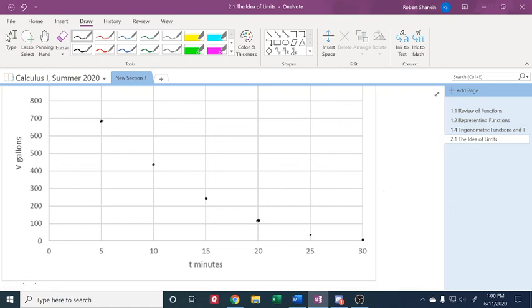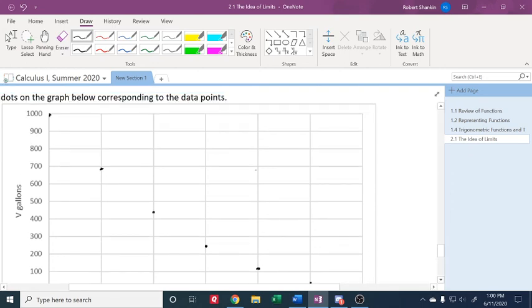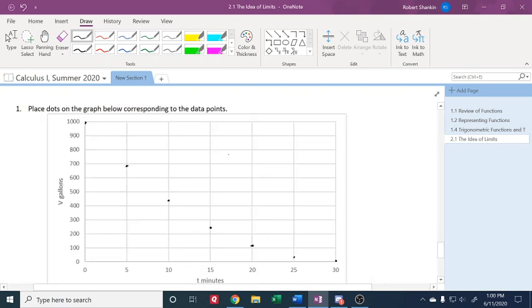All right. So it asks us now to sketch a smooth curve through all these data points. I'm going to do my best.